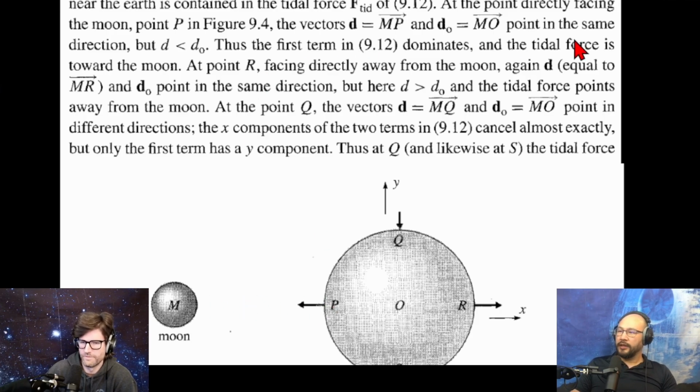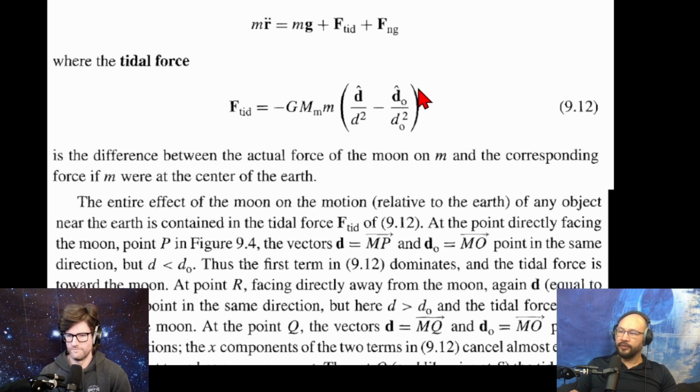At point R, facing directly away from the moon, again d and d naught point in the same direction, both going to the right here. But now the long distance, little d, is larger than d naught to the center of the Earth, and the tidal force points away from the moon. So if this is now bigger, then you get, no, it's not positive.